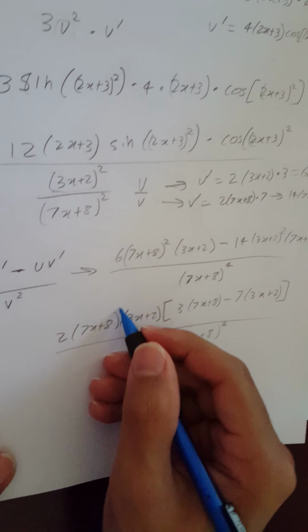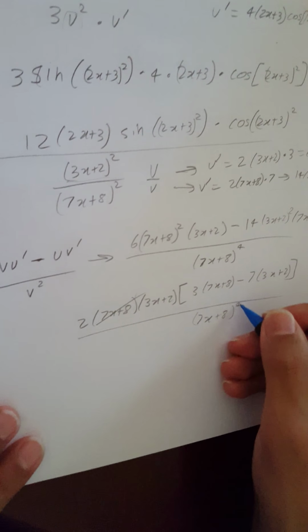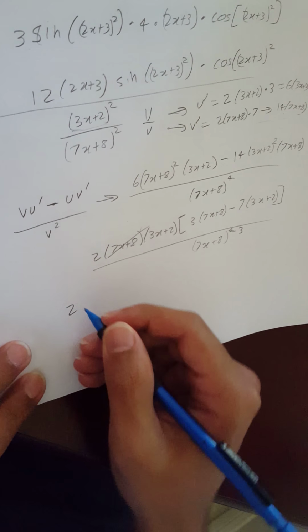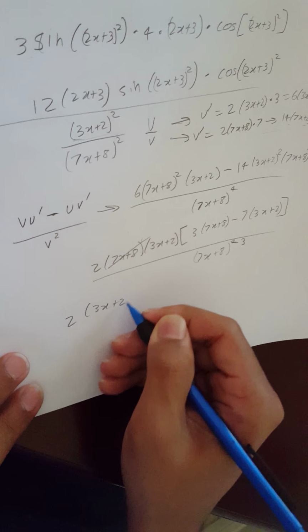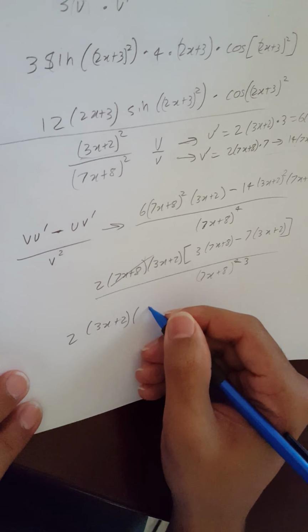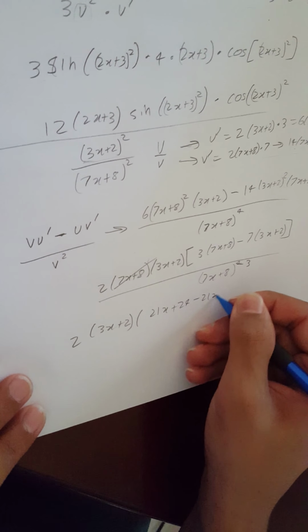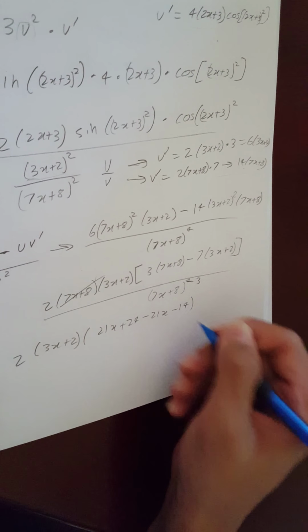So we see that this has to the power of 1, this is to the fourth, so we can cancel this out and make it a 3. And let's just quickly collect like terms on the inside: 2 times (3x plus 2) times 21x plus 24 minus 21x minus 14.